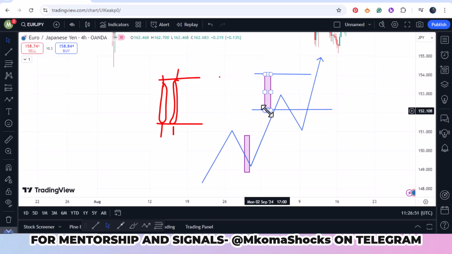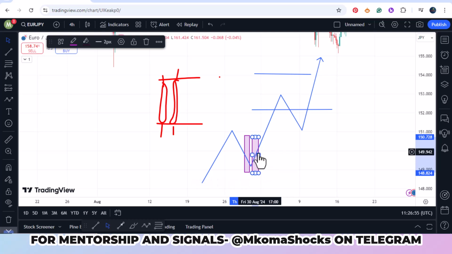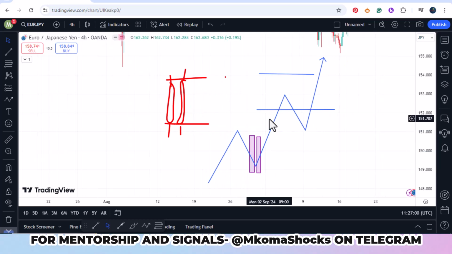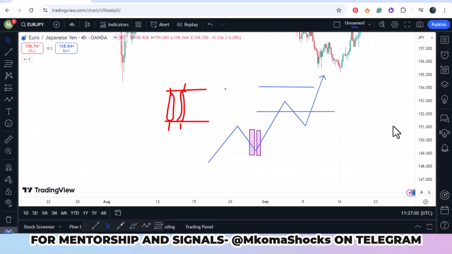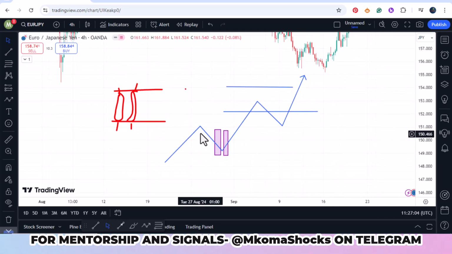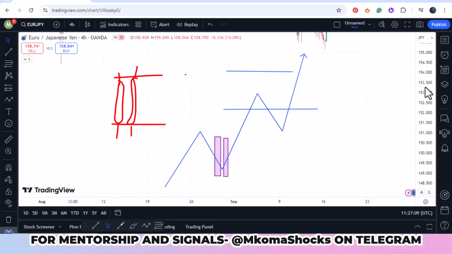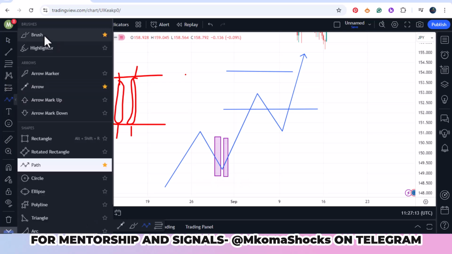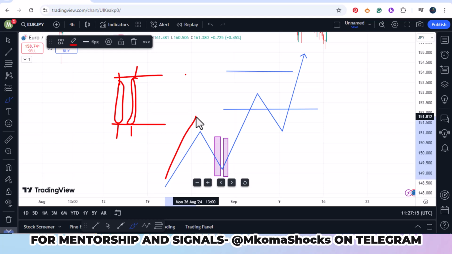Let's say we have this pattern that we have just drawn, the railroad track, at this low. This shows that price is now going up. If this is the M15 time frame, which is the time frame we are going to be using, you see price doing this goes up. So you know that price is in an uptrend. When it goes down, it gets to a certain point where it has to retrace and start going up.